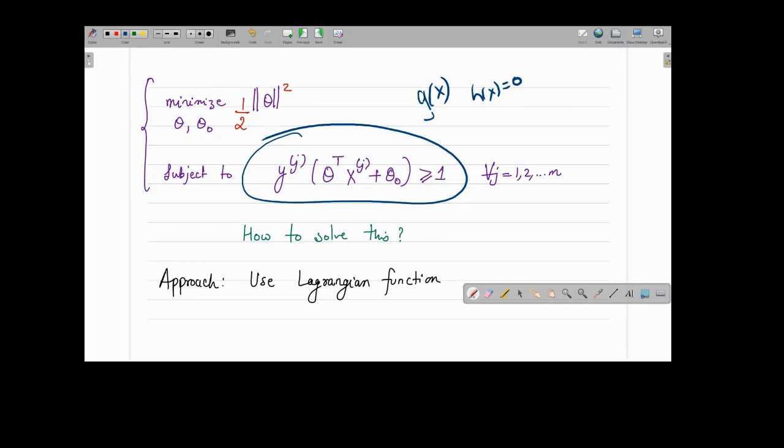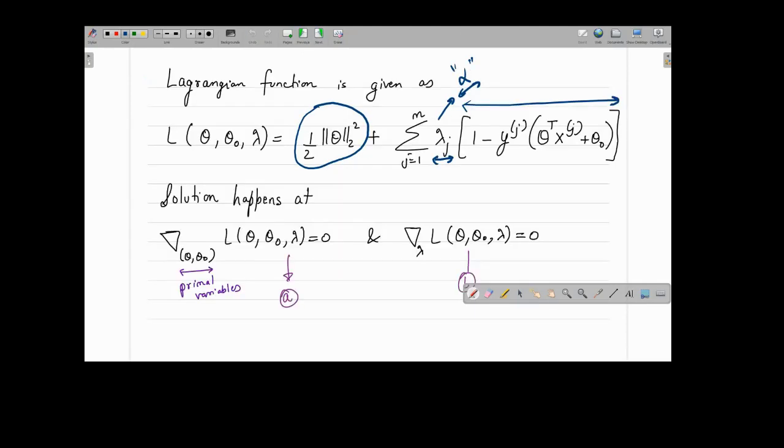That's why we have alpha in this problem. But for my understanding, I have replaced that alpha by lambda. So keep this in mind: whenever I say lambda, if I put some constraint on lambda, I am putting a constraint on alpha. So basically lambda has to be greater than or equal to 0. This has to be kept in mind because I have replaced alpha by lambda.